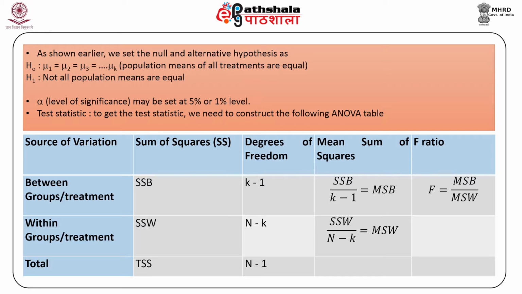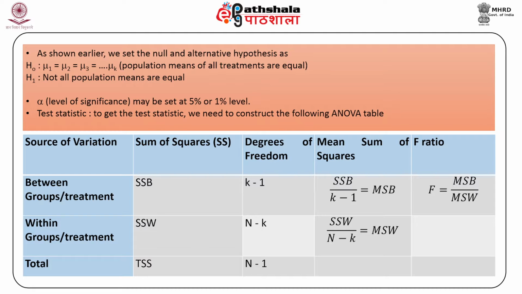The third thing we should know is the test statistic, and we have to get this test statistic. We need to construct the following ANOVA table if we want to understand it. In this table, we have the source of variation in the first column, which is between groups or treatment, within groups or treatments, and the third is the total. Then we have the sums of squares, denoted as SSB, SSW, and TSS, and we have the corresponding degrees of freedom as K minus 1, N minus K, and N minus 1.